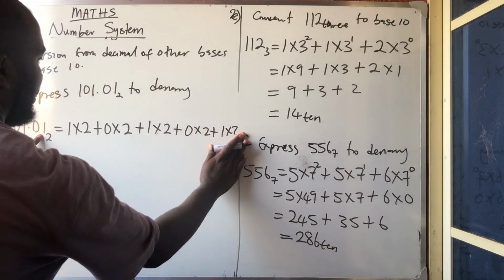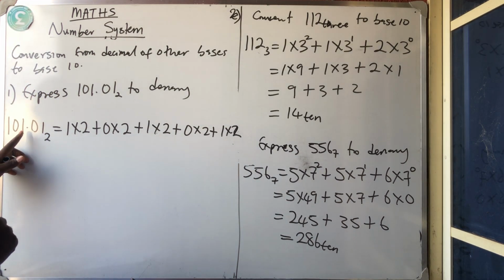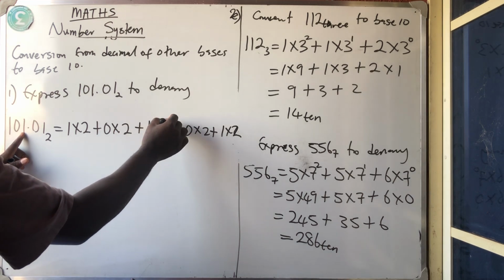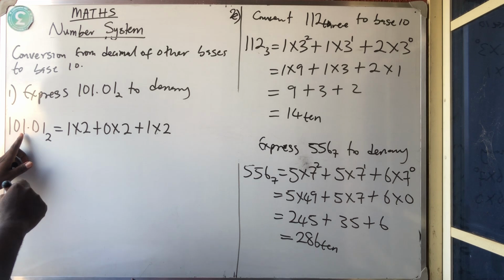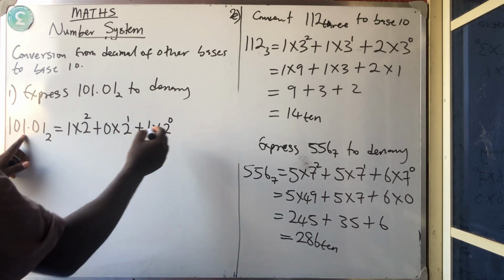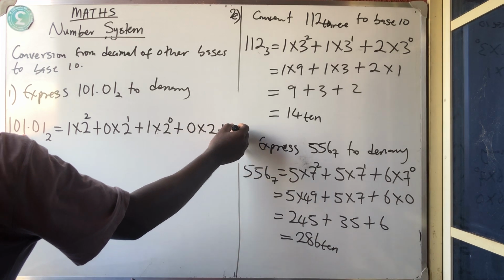But as you are doing it, know where you are stopping. My point stopped at the last one, so that's where I'll start from. Before you write the remaining one, write the whole number part, name it 0, 1, 2 first before you continue, plus 0 times 2 plus 1 times 2.